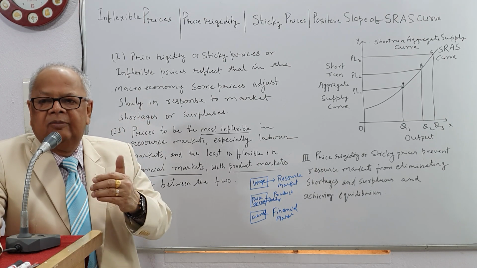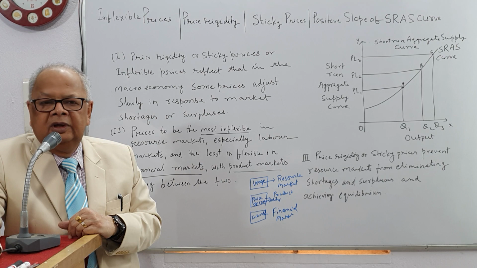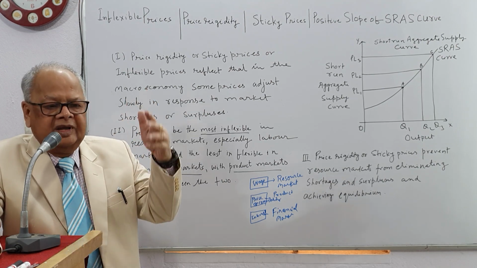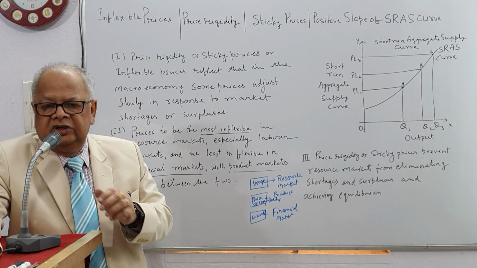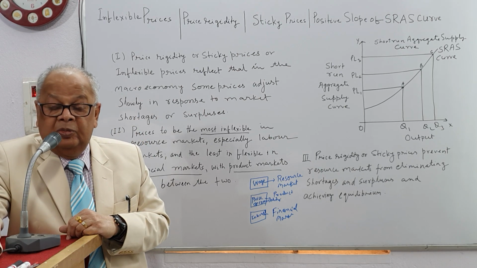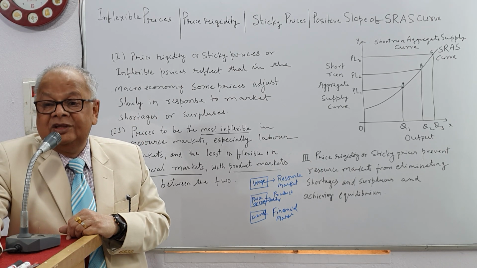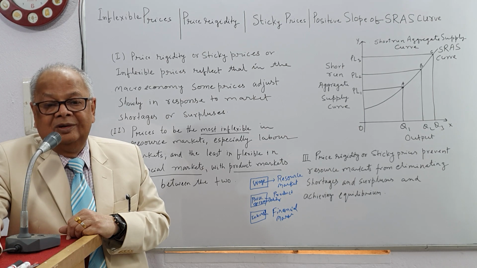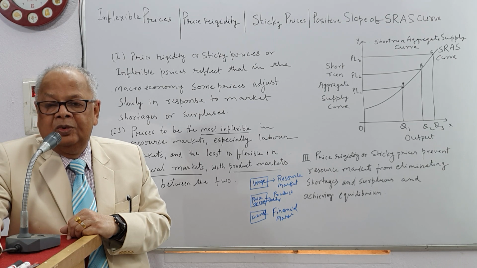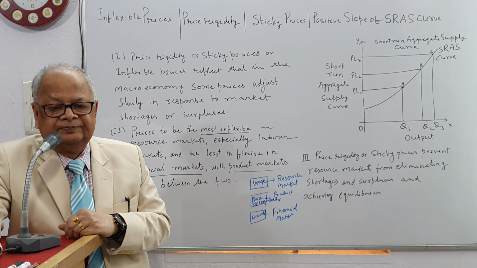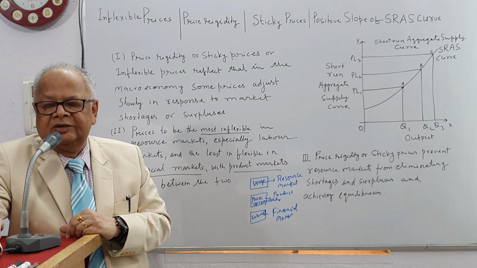If aggregate demand falls, the price level falls and the inflation rate is reduced, but wage remains at the old level due to wage rigidity. Wage cannot be reduced sharply.